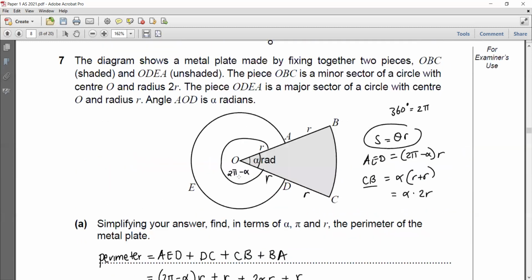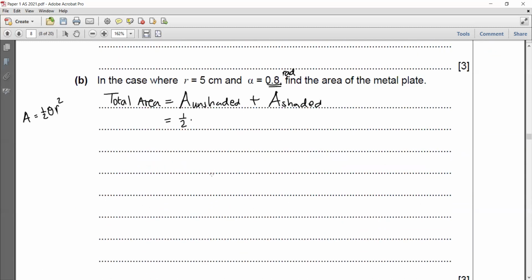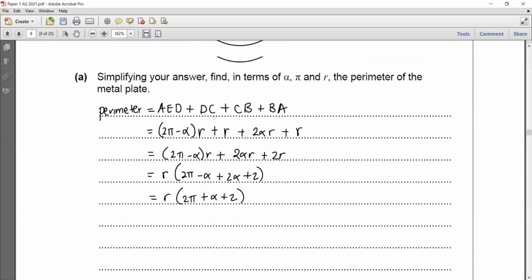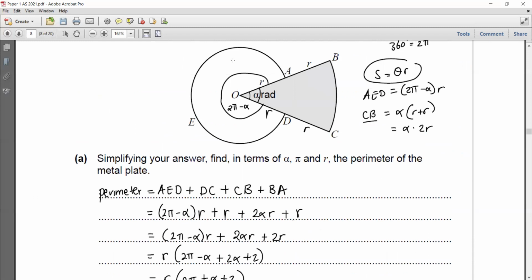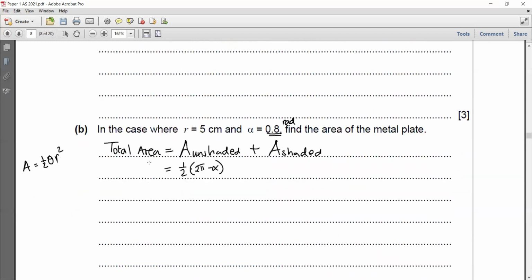My theta is 2 pi minus alpha. So it's a half times 2 pi minus alpha. And then my radius, what is my radius? My radius of the unshaded circle is just r, and then I'm going to square this. So first I'm writing down the formula before I then substitute the 5 and the 0.8.